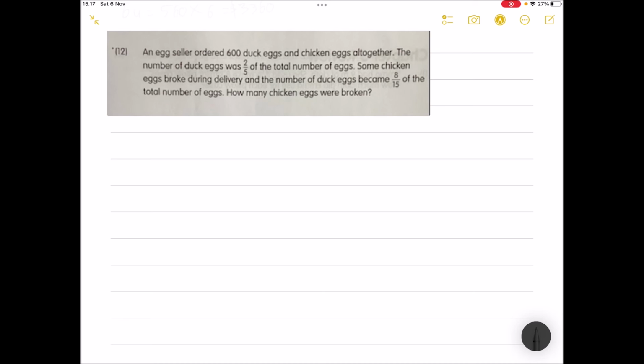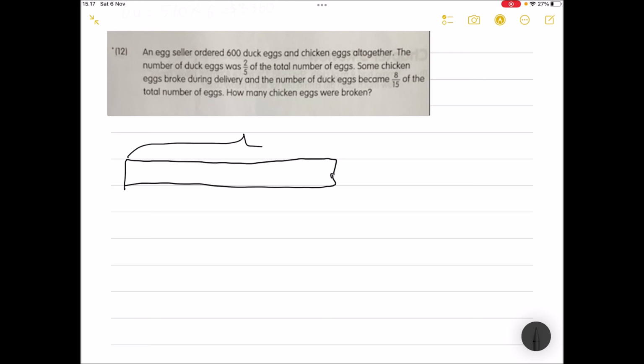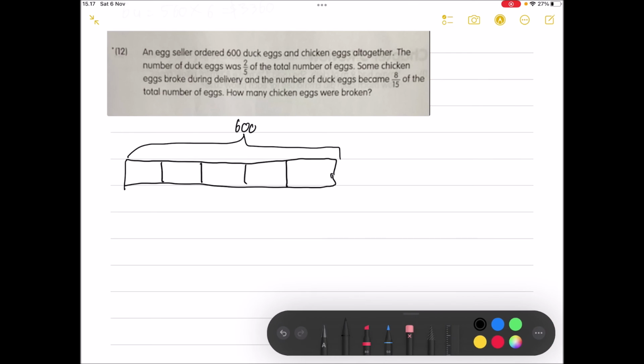So we know that this seller ordered 600. Just assume that this is the 600 because this is all the things that he ordered, right? The number of duck eggs was 2/5. I have to cut them into 5 and then show the 2/5.